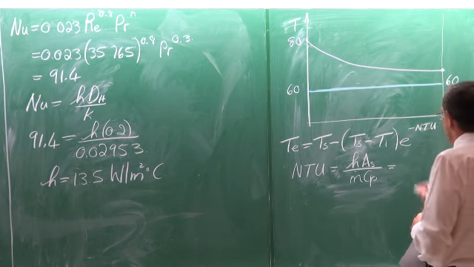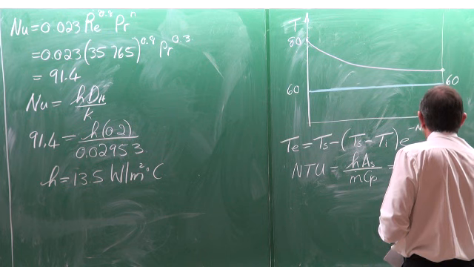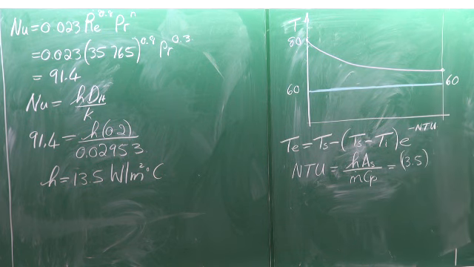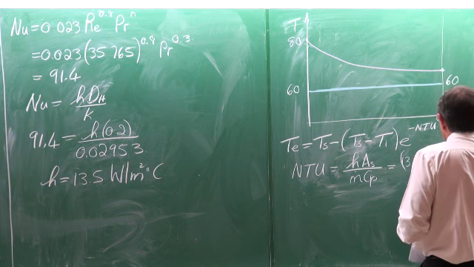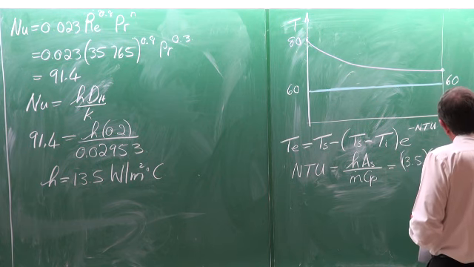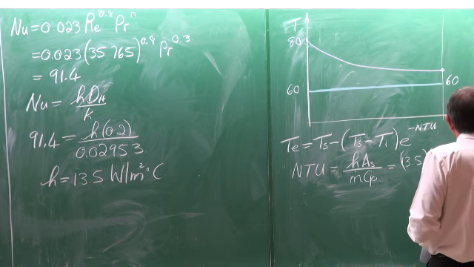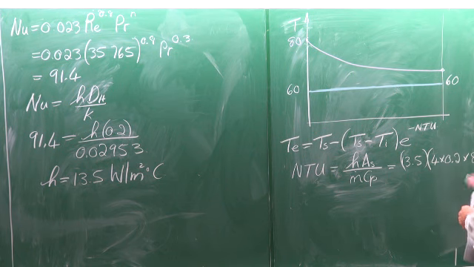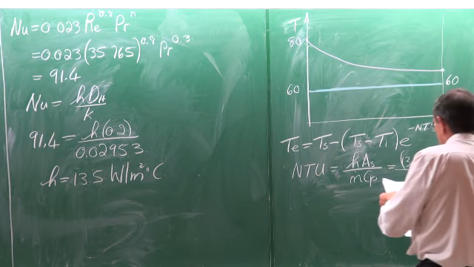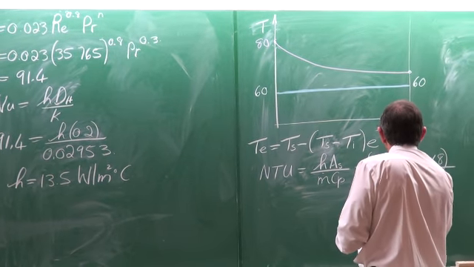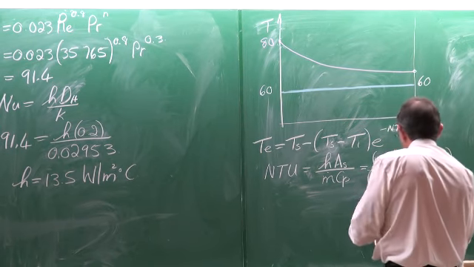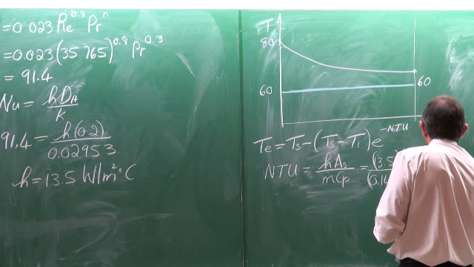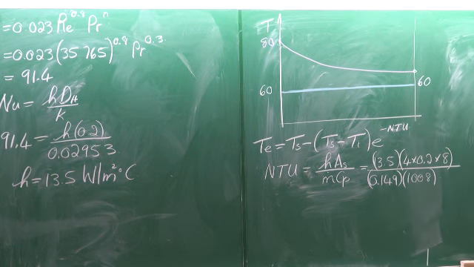The heat transfer coefficient we have solved as 13.5. This surface area will be the area where heat transfer will occur. So it is equal to 4 times 0.2, which is the perimeter of the duct, multiplied by the length of the duct, which is 8 meters, divided by the mass flow rate, which is 0.149 kilograms per second, multiplied by Cp, which is 1008.